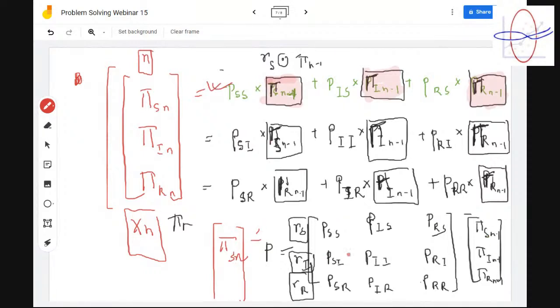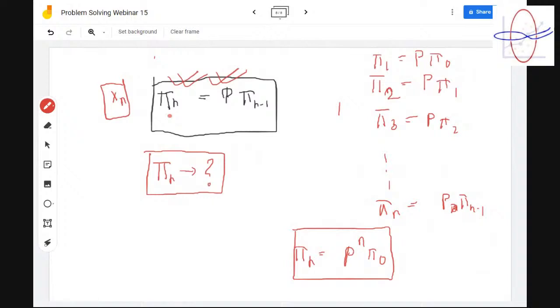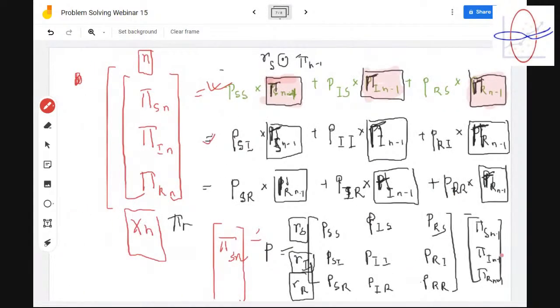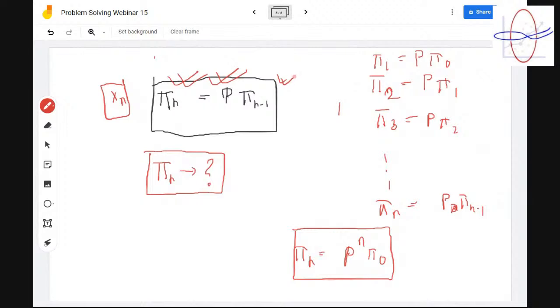The second one will be this times this, like the dot product. The third one will be this times this. So we are getting that the probability vector at the nth time point is P times the probability vector at the n minus 1th time point. Did you get this now? Yes, sir.